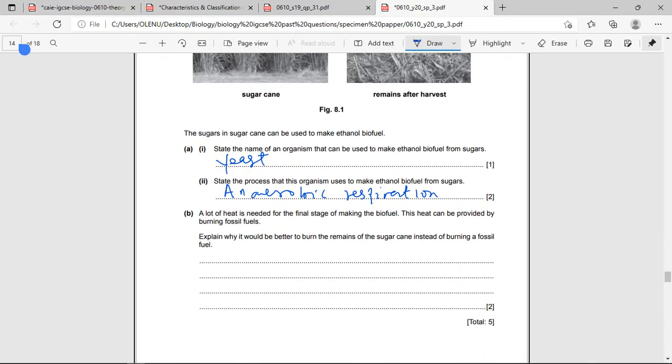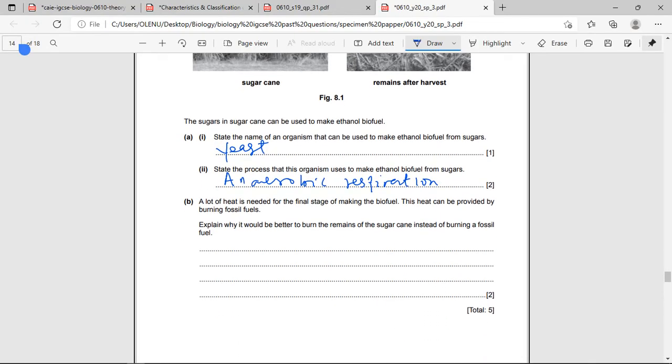Now they said a lot of heat is needed for the final stage of making the biofuel. The heat can be provided by burning fossil fuels. Explain why it would be better to burn the remains of the sugarcane instead of burning fossil fuels. First, what are the disadvantages of fossil fuel?